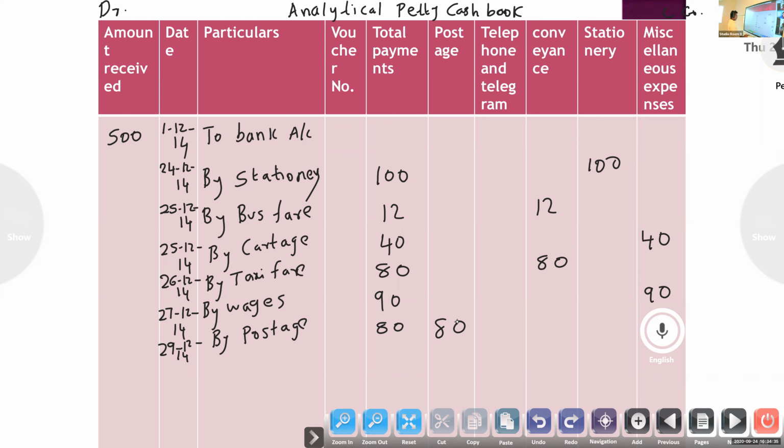So now we have to do the total. Each column, first payment, postage, all columns you have to total.